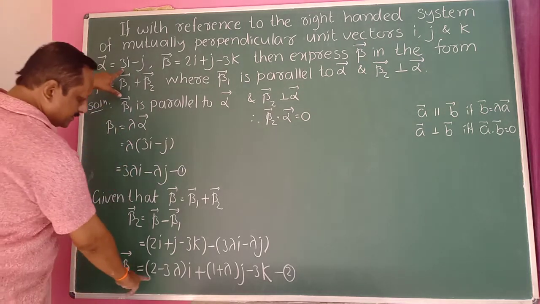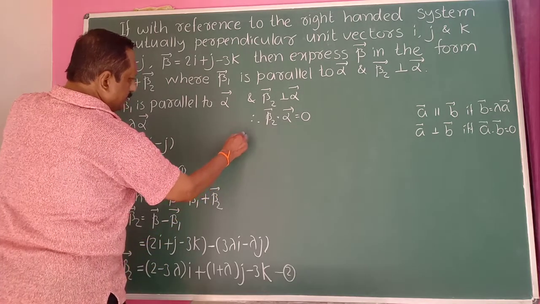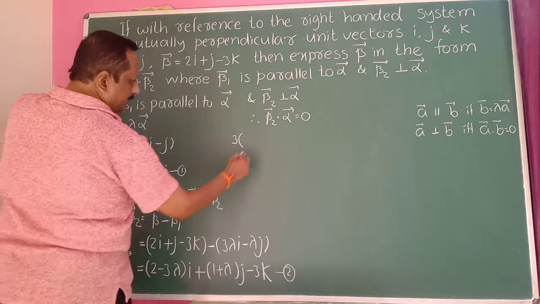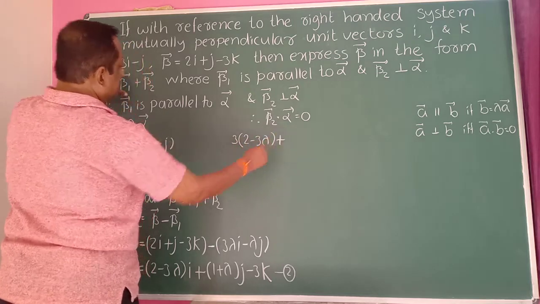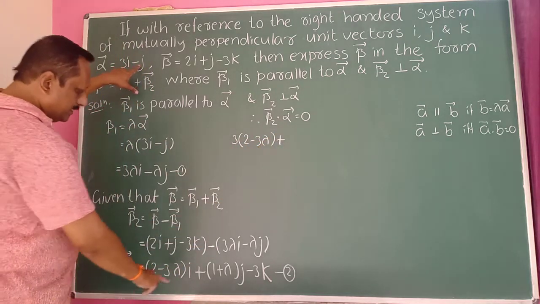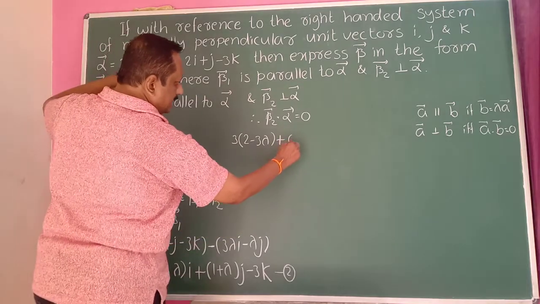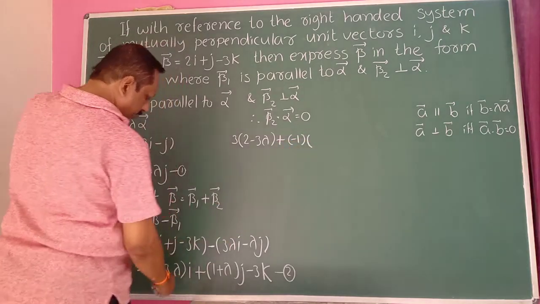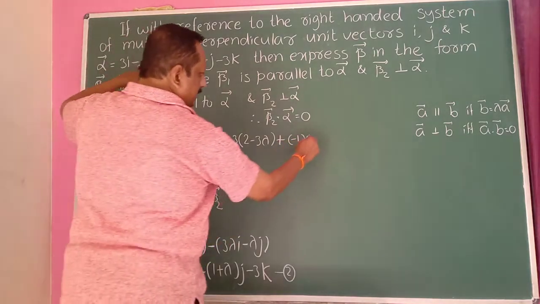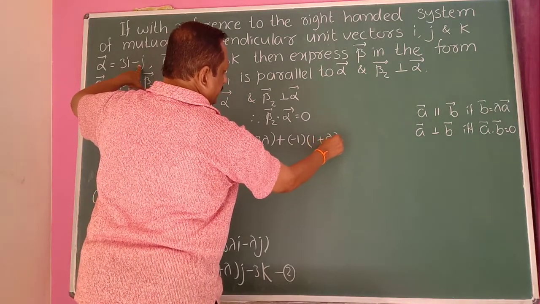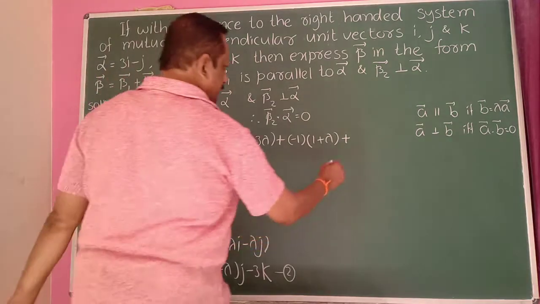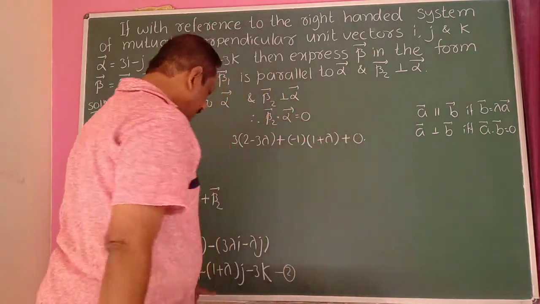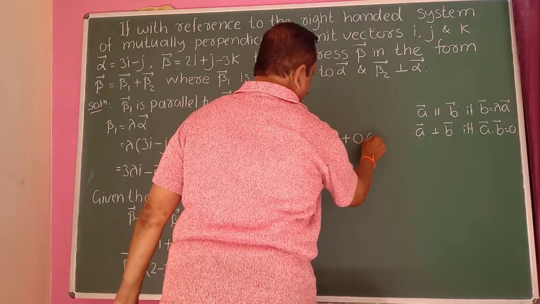Therefore 3 into 2 minus 3 lambda, plus minus 1 into 1 plus lambda, plus, there is no k term in alpha, so 0 into minus 3.